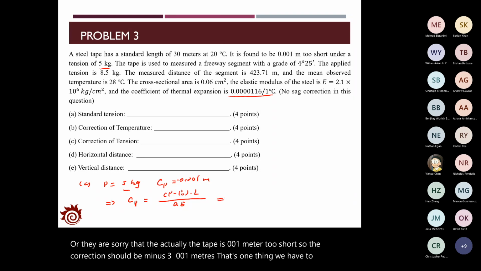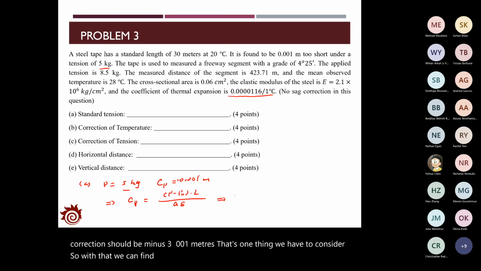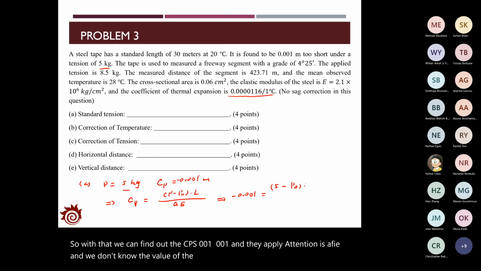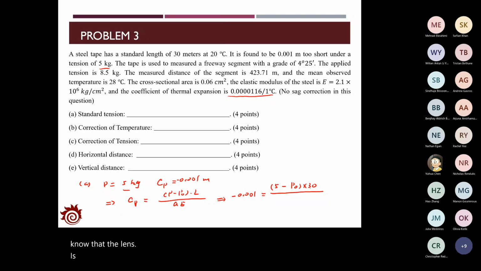So with that, we can find that Cp is 0.001 minus 0.001, and the applied tension is 5, and we don't know the value of the standard tension. We know that the length is 30 meters, and we know the cross-sectional area A is 0.06, and E is 2.1 times 10 to the power 6.